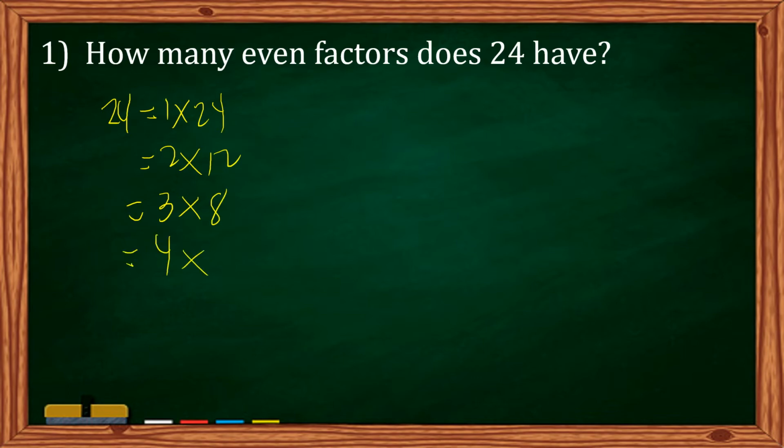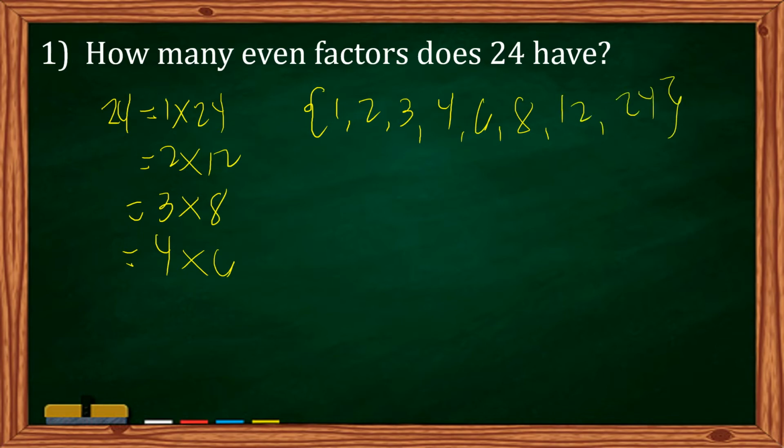We have 4 times 6. So, these are the factors of 24. So, kung ililista natin yan, we have 1, 2, 3, 4, 6, 8, 12, and 24. Ito po yung mga factors ng 24.